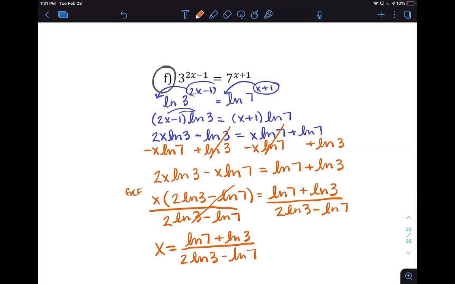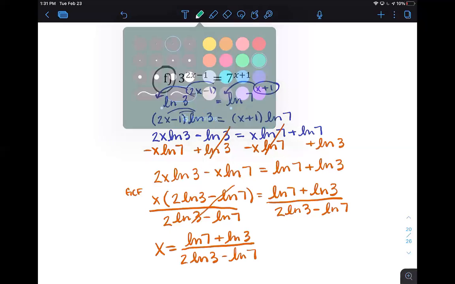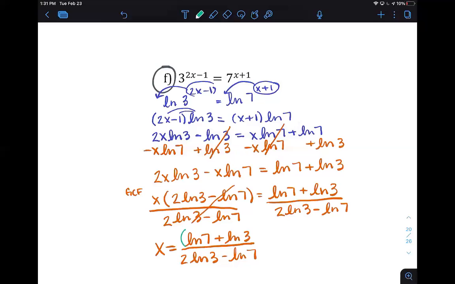Okay, when you're plugging this in your calculator, you are going to want to put parentheses around the numerator and the denominator. And then make sure if it opens those parentheses after the natural log, you're closing them after the 7.